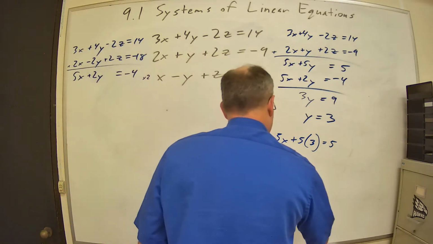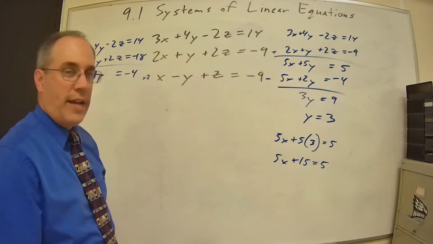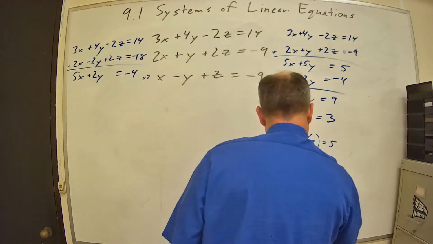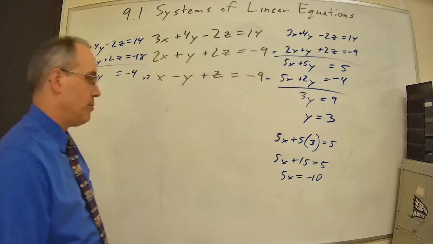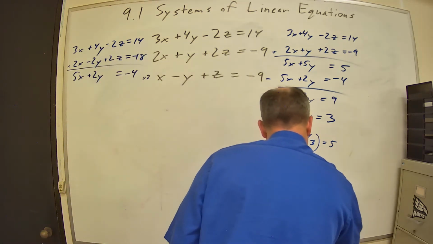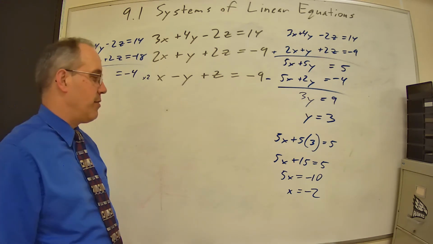So 5x plus 15 is equal to 5. Subtract 15 from both sides, so 5x is equal to negative 10. Divide both sides by 5, x is equal to negative 2. Negative 10 divided by 5 is negative 2.